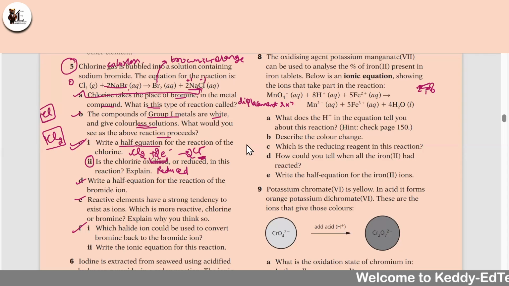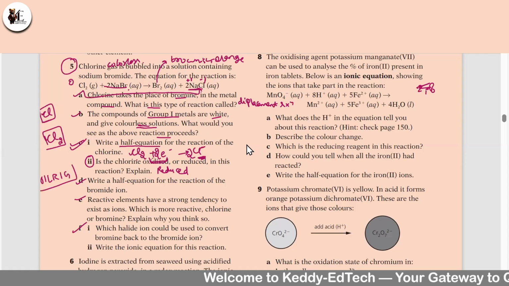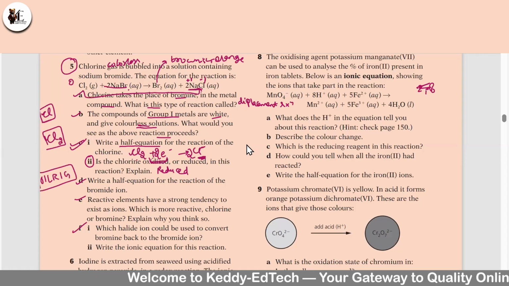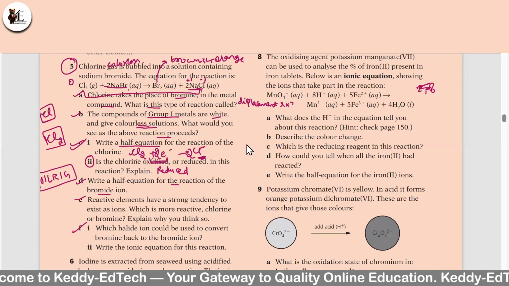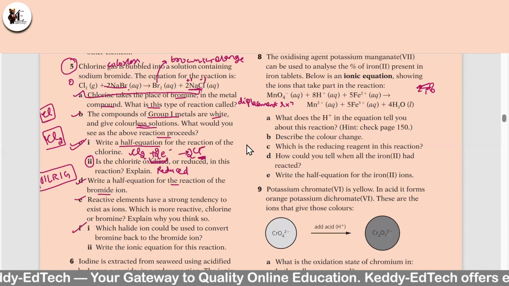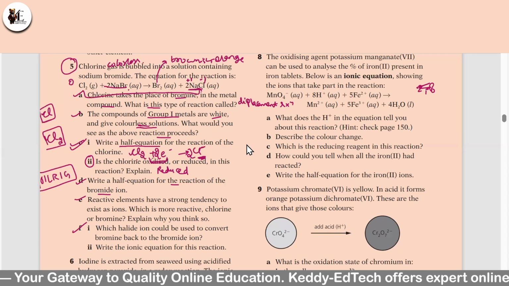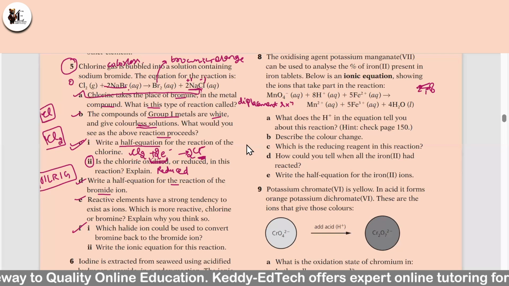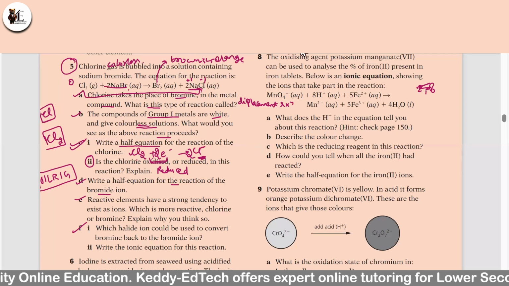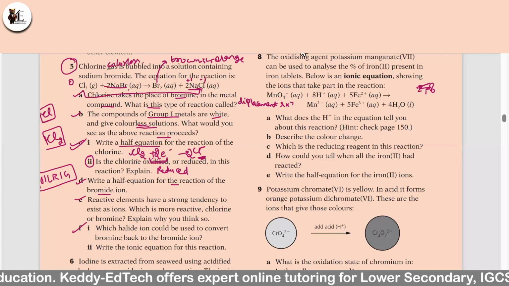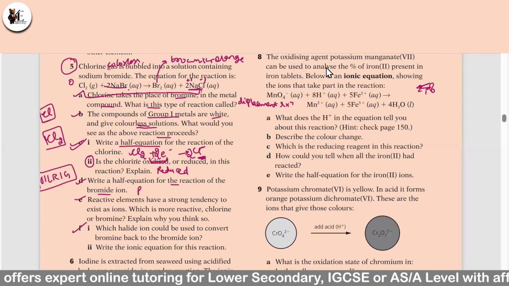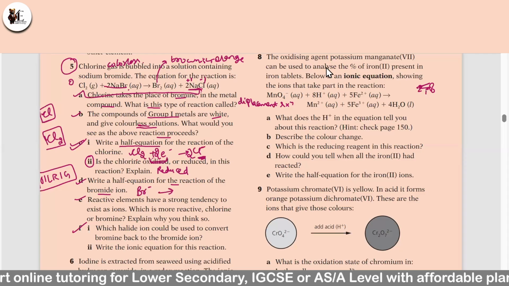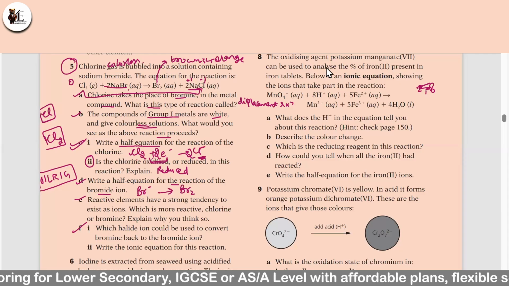I hope you know OIL RIG, where oxidation is the loss of electrons and reduction is the gain of electrons. Now tell me the half equation for the reaction of the bromide ion. Br minus to form Br2 plus 2e minus.